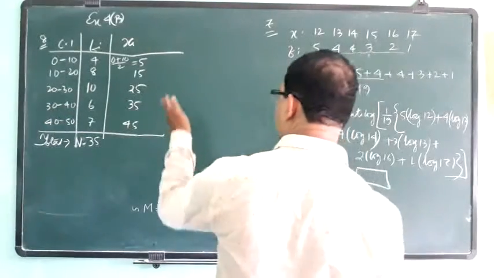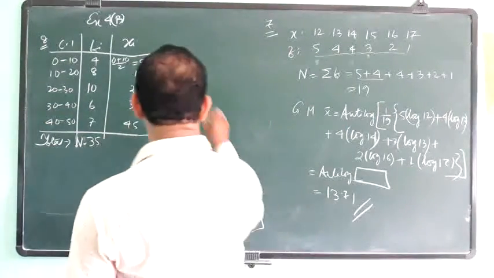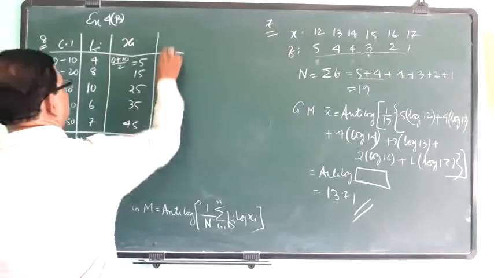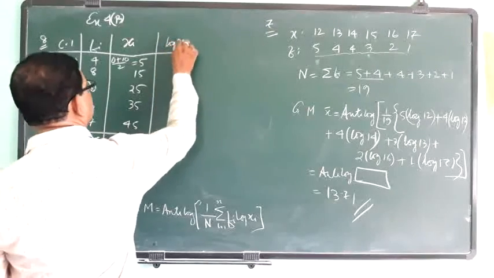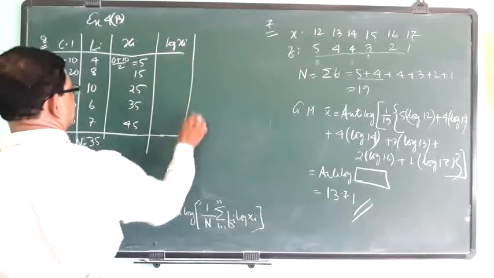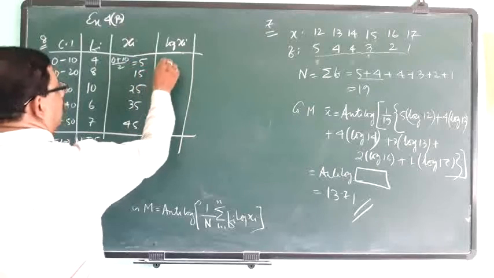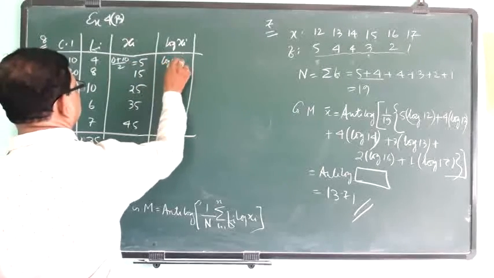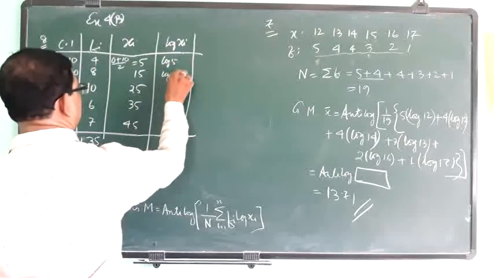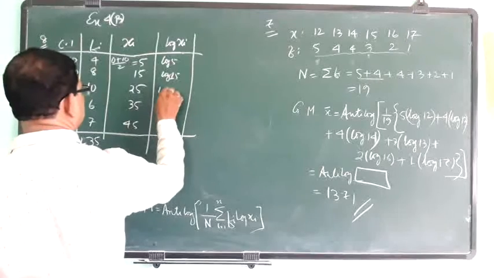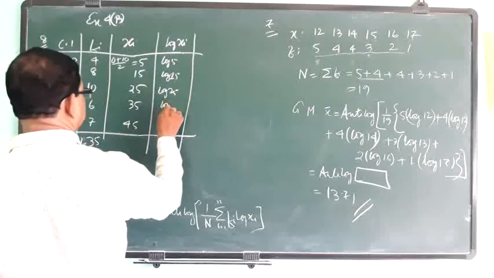Then if we want to do with this table only, then you introduce log, that is the logarithm of every xi. You write log 5, log 15. I have written them, but you will put the values of these from the logarithmic table.